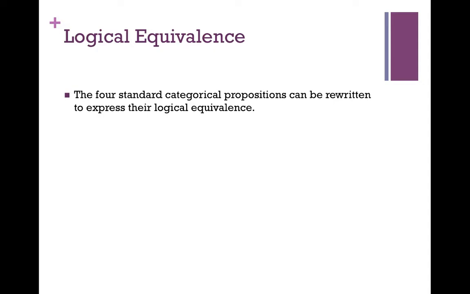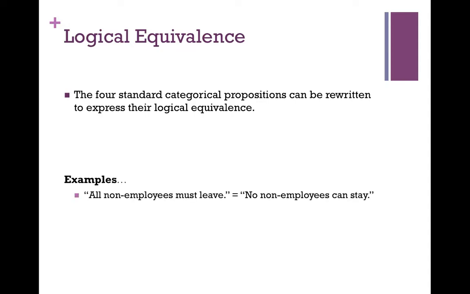I'll give you some examples and maybe this will make a little more sense. Look at these two statements: All non-employees must leave, and no non-employees can stay. Look at that for a second. These two statements are logically equivalent, but they're not worded the exact same way.